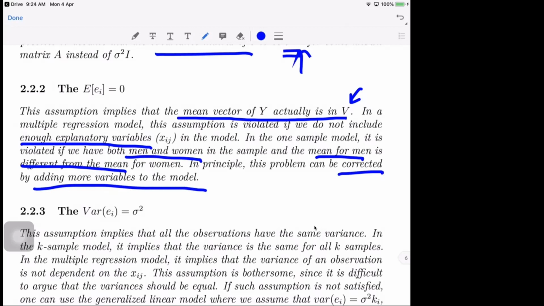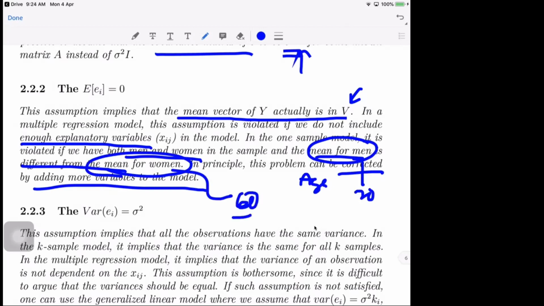So for example, you are to compare men and women, but say your variable is age. The mean for men is found to be 20 and the mean for women is found to be 60.